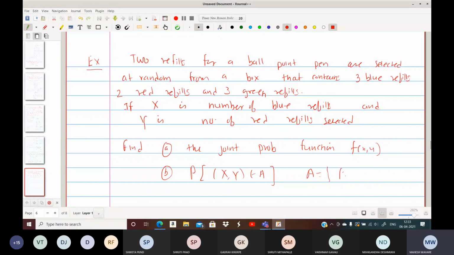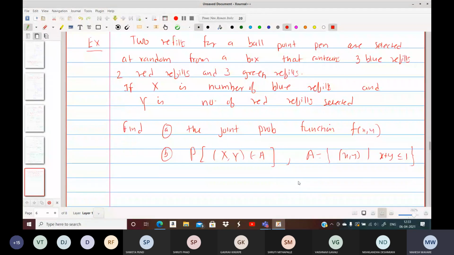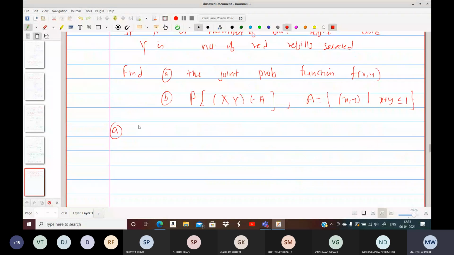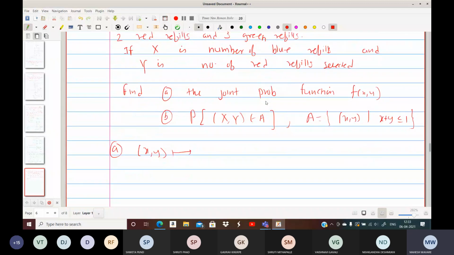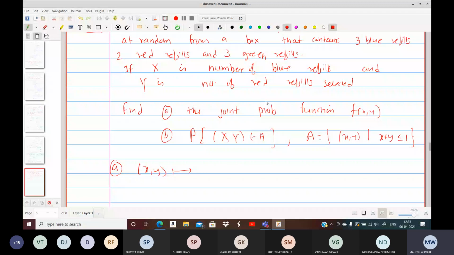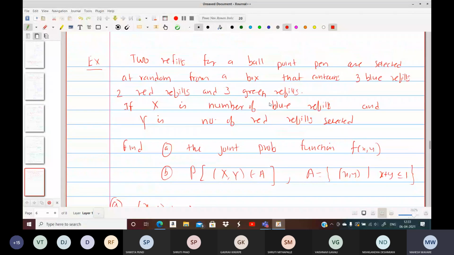You tell me what are the possible values of this x and y. Read that experiment. Two refills for a ballpoint pen are selected at random from the box that contains a total of 8 refills. Among 8 refills, 3 are blue, 2 are red, and 3 are green. So x plus y has to be 2.